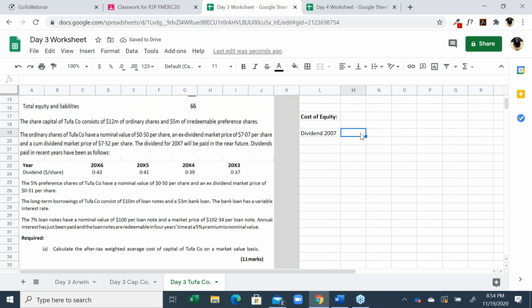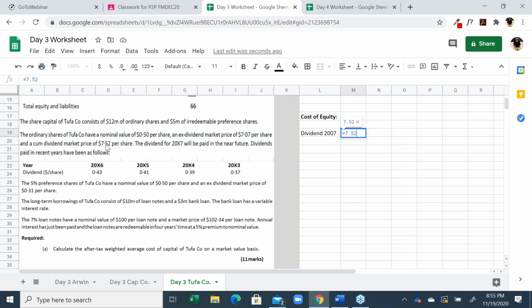So the dividend for 2007 will be calculated by taking the difference of the cum div share price and the ex div share price, because the difference between a cum dividend market price and an ex dividend market price is the dividend for the year. So the share price with the dividend is 7.52.